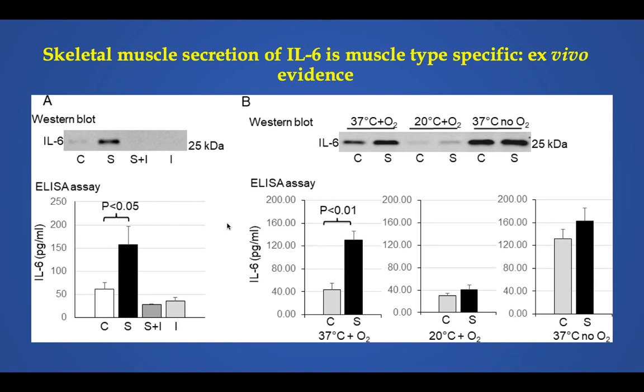And interleukin 6 is this myokine that can be anti-inflammatory and pro-inflammatory. And what they did was they isolated the muscle, and they placed it in a Krebs solution with and without oxygen. So part of their experiment was oxygenating it, but also then varying the amount of temperature.